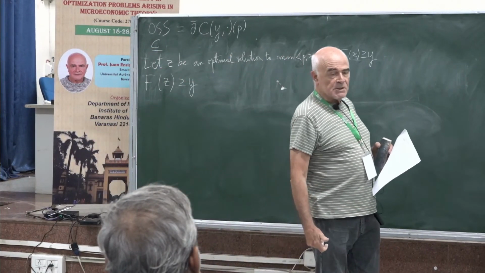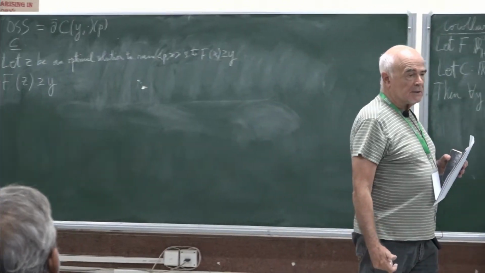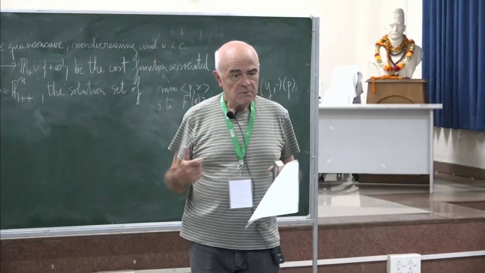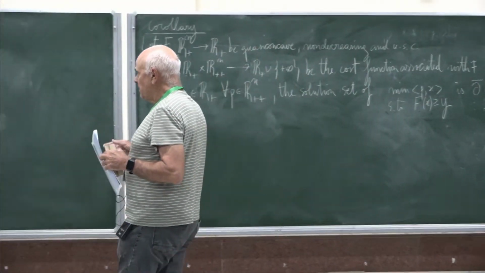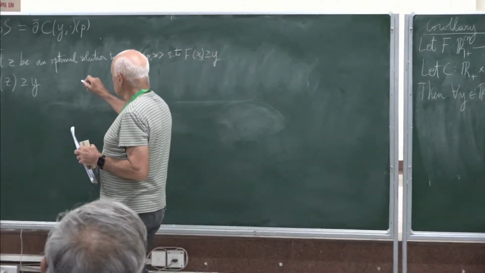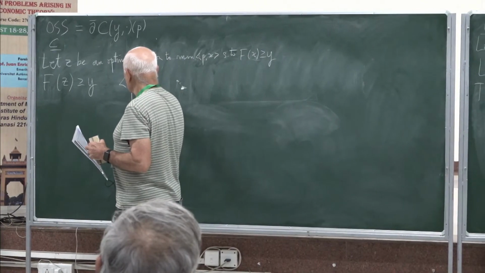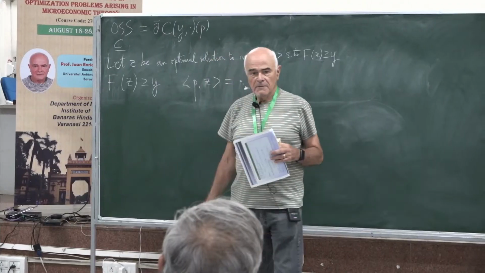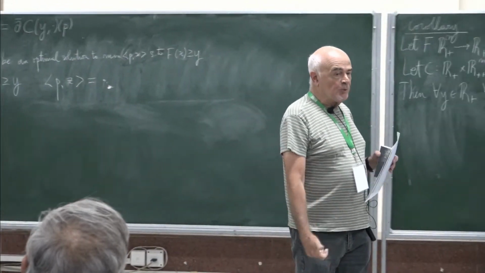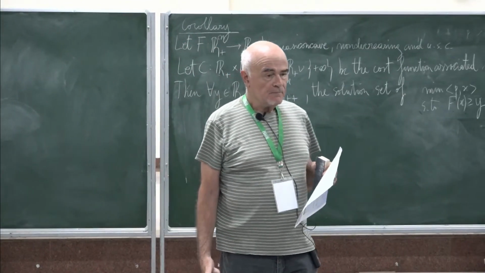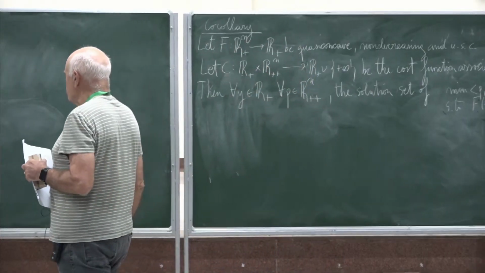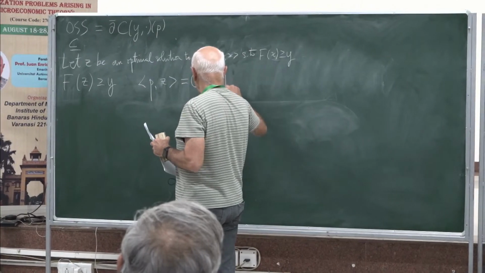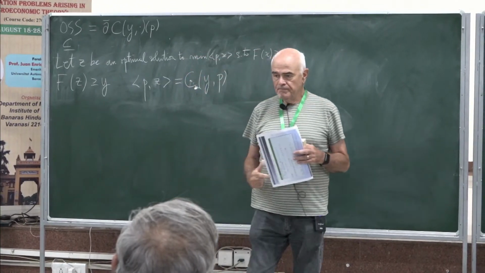but feasibility is not enough. We are saying that it is optimal. So the value of the objective function at this optimal solution is the optimal value of this problem. And the optimal value of this problem is what we had called C of y, p.